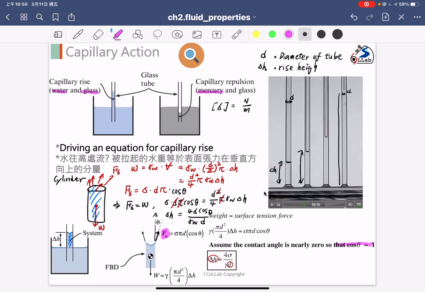Whichever is larger, you will see different phenomena. So you need to double check which material you use. For mercury we consider the downward height, but for water the rising height, so the physical phenomena are different.